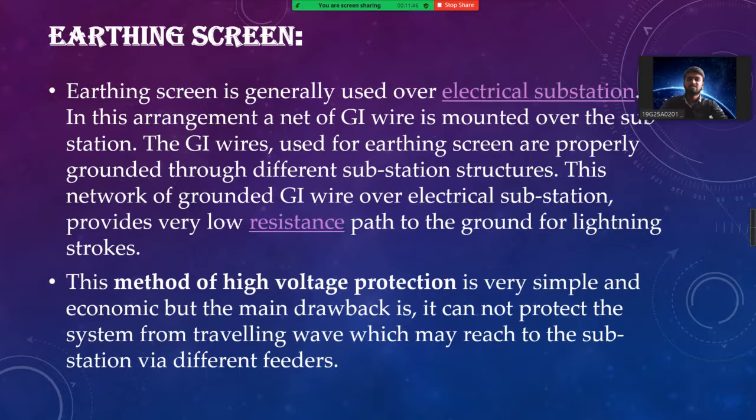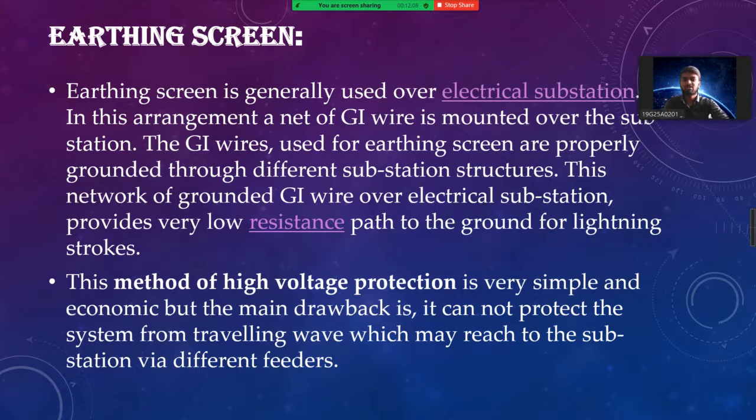The GI wires used for earthing screen are grounded through different substation structures. According to the substation structure and substation power ratings, this will depend.